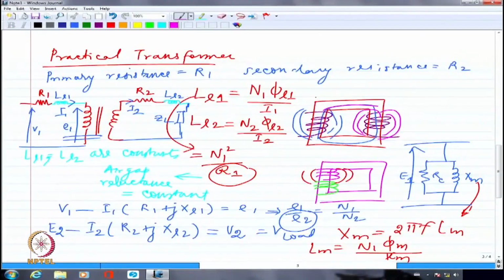That's what we said in the sinusoidal excitation when we were discussing, because the current is slightly lagging and we should be able to say that it will flow through essentially an inductance. So we are representing the magnetizing current flowing path by an inductance. This inductance we are calling the magnetizing inductance, Lm. 2 pi f Lm is the magnetizing reactance, which is Xm.